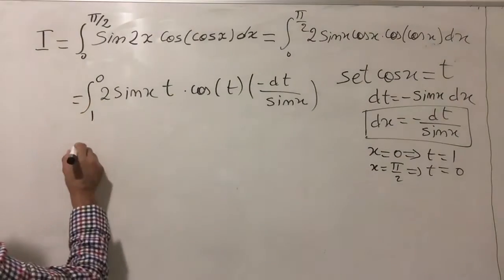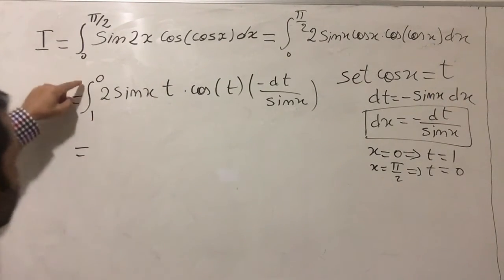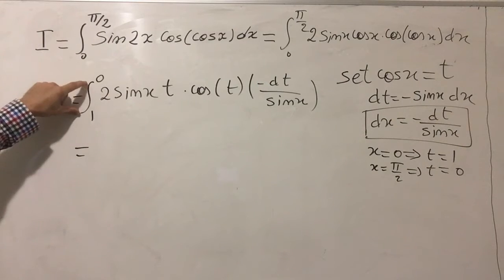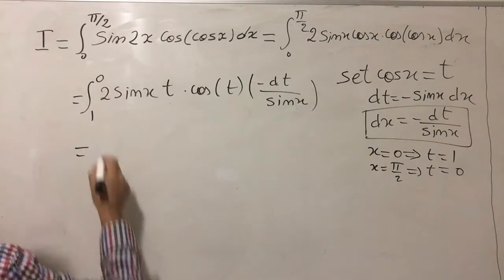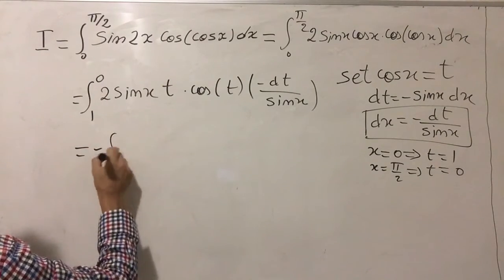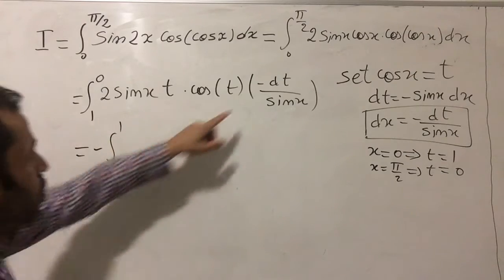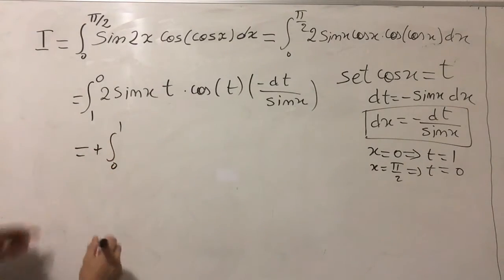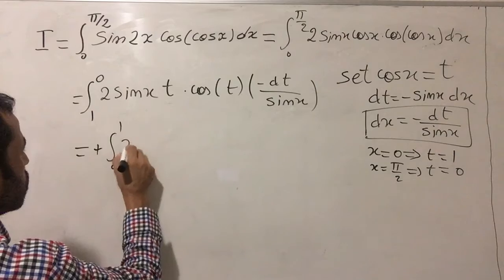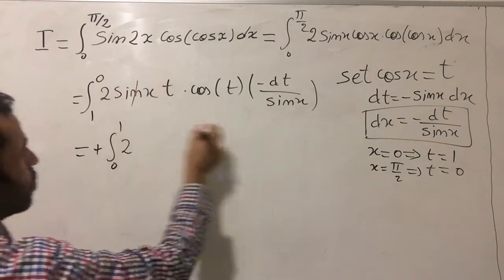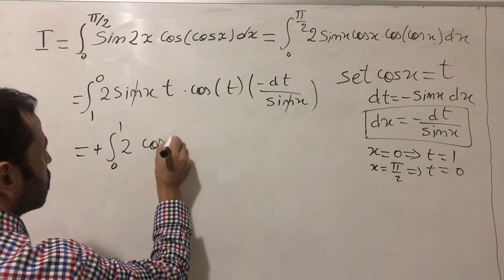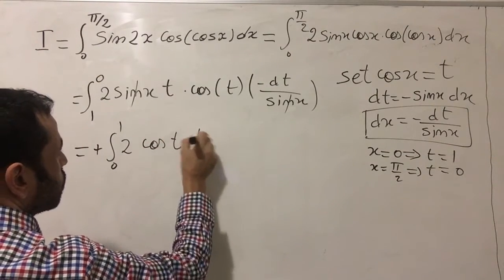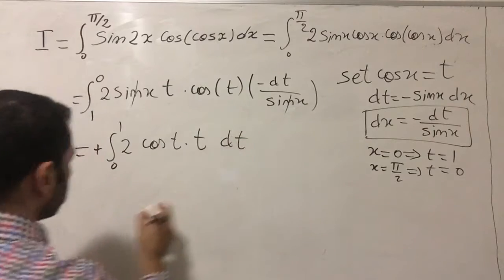Now what I'm doing here is switching these bounds and changing the minus sign to a plus sign. Now my integral becomes from 0 to 1, with this minus becoming plus. So 2 sine x will be simplified, and we'll have 2 times cosine t multiplied by t dt.